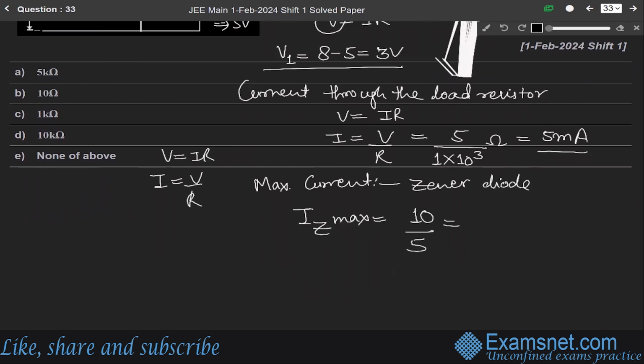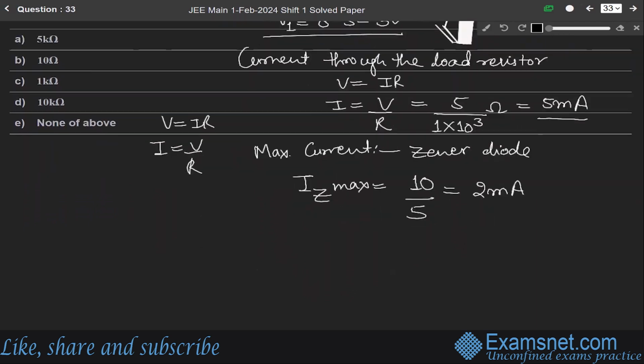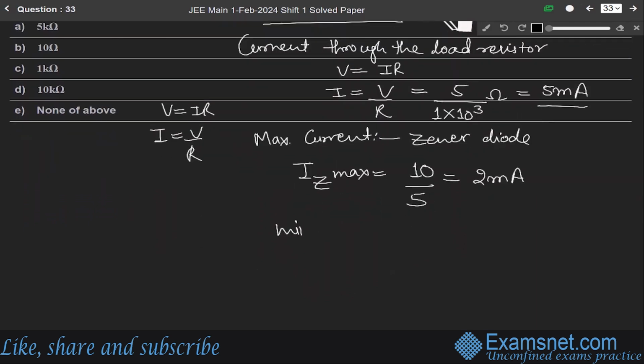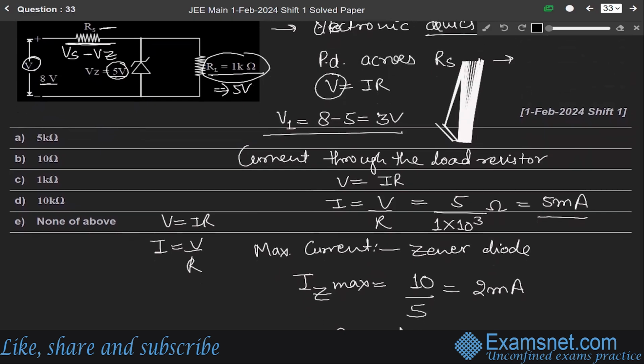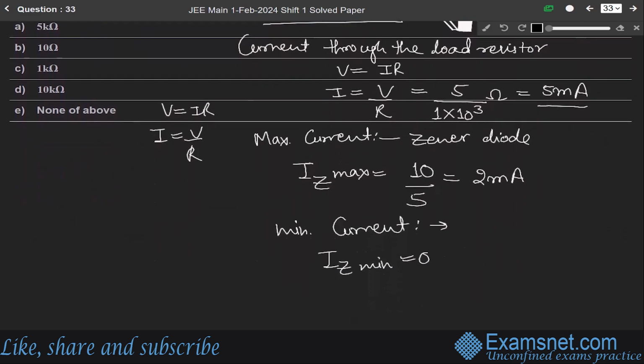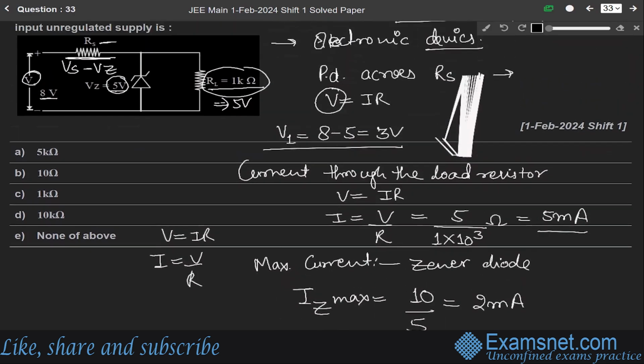So IZ maximum will be equal to 2 milliampere. And the minimum current will be 0. For any Zener diode, the maximum current is found by using Ohm's law, and the minimum current is taken as 0.